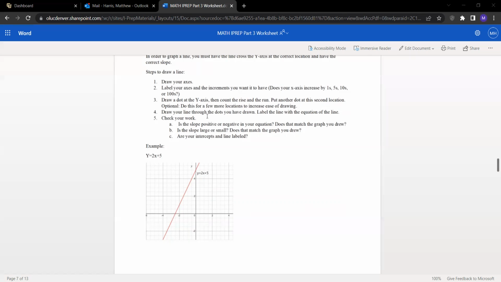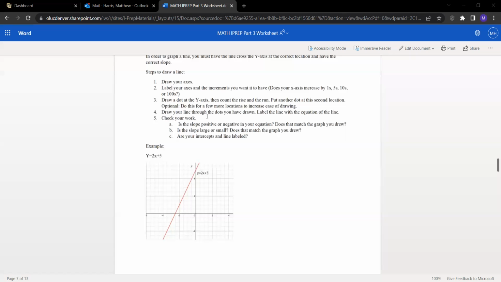And here are a couple of things to check. If your slope is positive or negative in the equation, it should be the same thing when you graph it. So if it's positive 2, as in the one below, we have 2x plus 5. You see that it's positive 2, and the line goes up and to the right. So then we look, is our slope large or small? So 2, we're going to have a decently inclined line, and we see that it does.